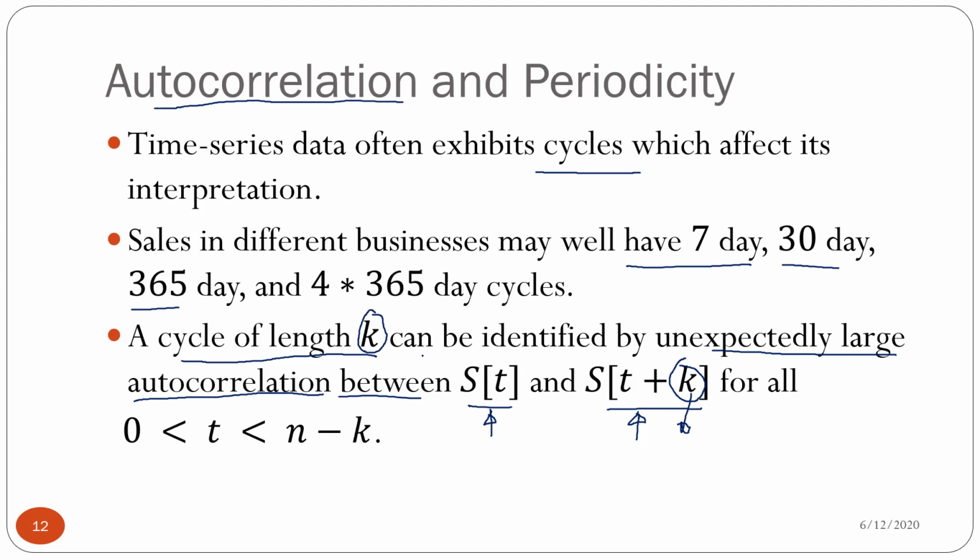A cycle of length k can be identified by unexpectedly large autocorrelation between St and St plus k for all t, right?